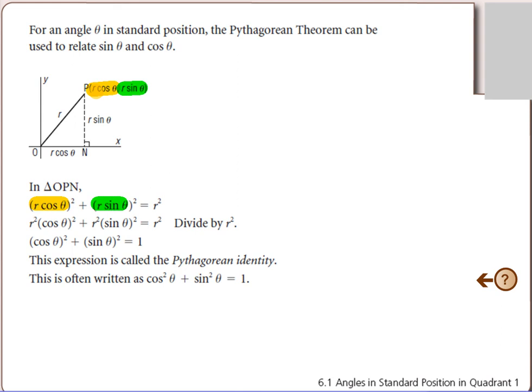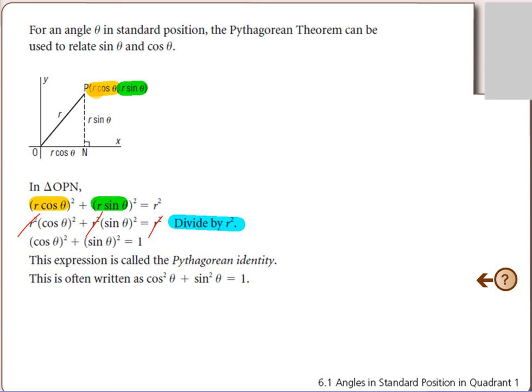Square both of them, the r squared and the cos squared. And now we divide everything by r squared. This one cancels off. This one cancels off. That one cancels off. We get left with cos theta squared plus sine theta squared equals 1.